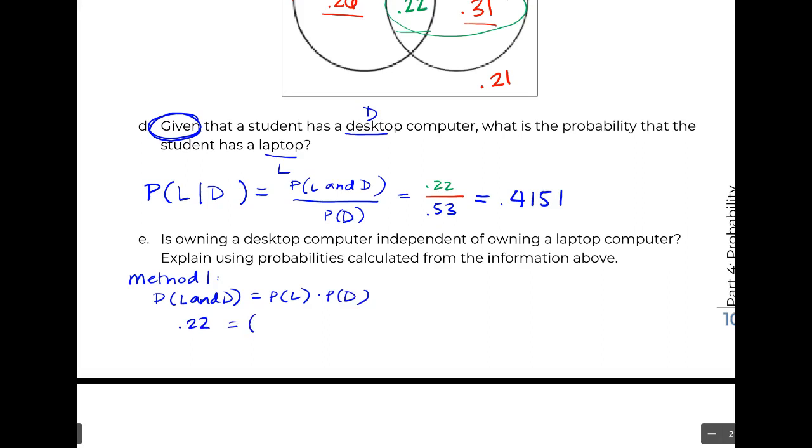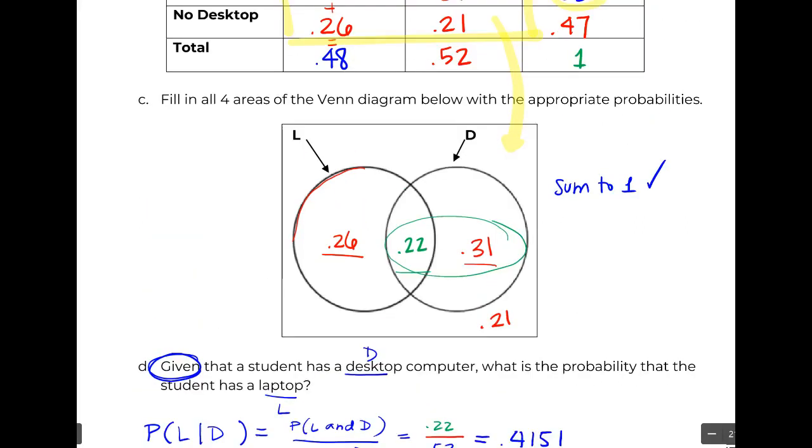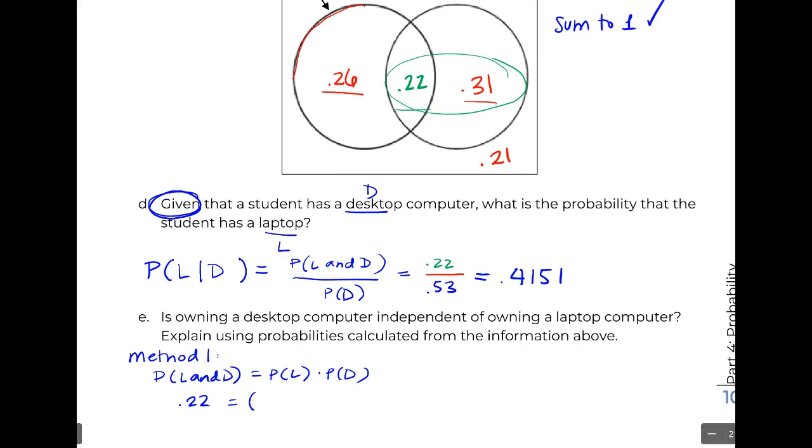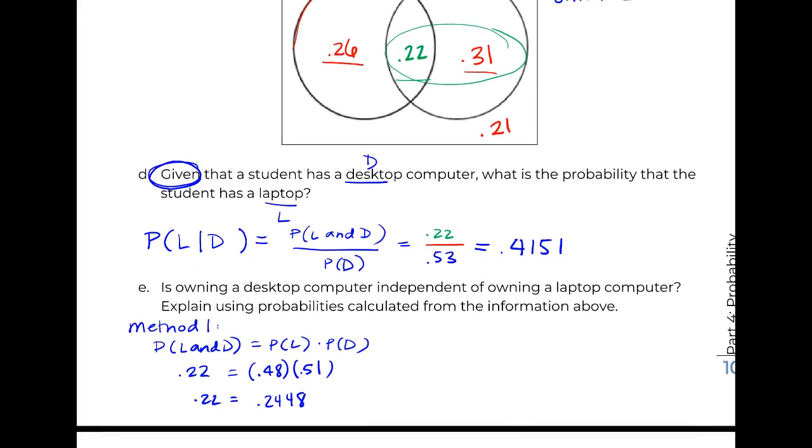Is that the same thing as, what was L? I forgot. 0.48 times that 0.51. 0.244. And this is where I was saying, statistically, 22% versus 24%, they're not that different.